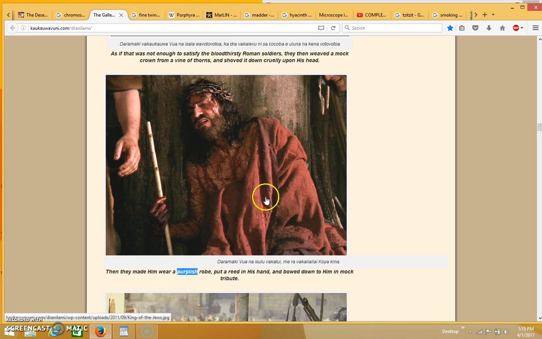And so they were using all of these things to mock Jesus, but they didn't realize that the very things that they were mocking Jesus with is what Jesus is going to use to restore the temple. These are actually representations of microscopic things that are involved in the restoration of the temple.